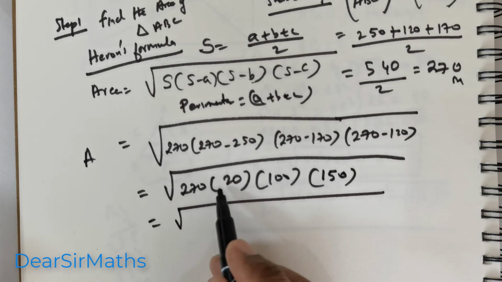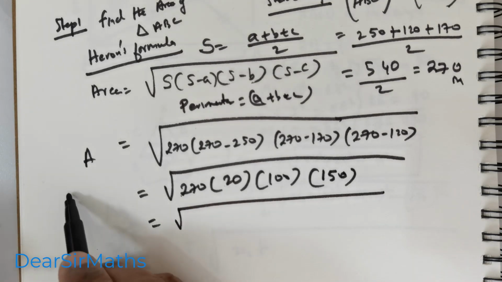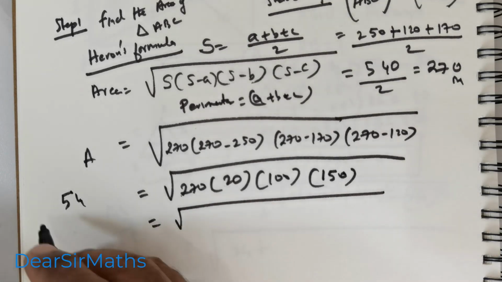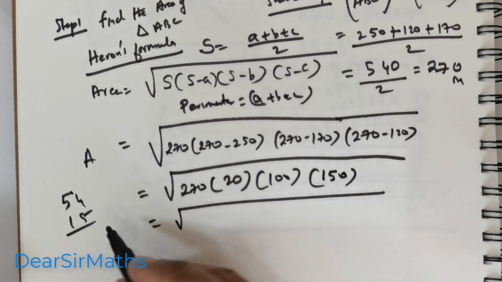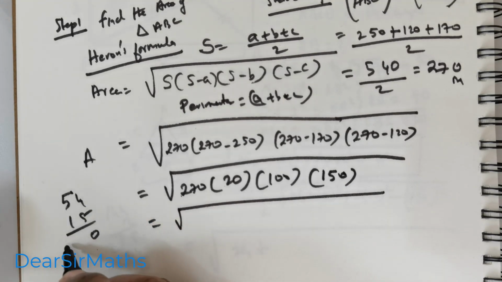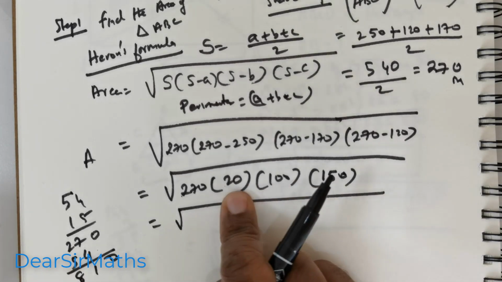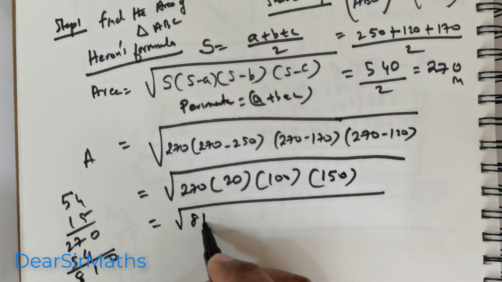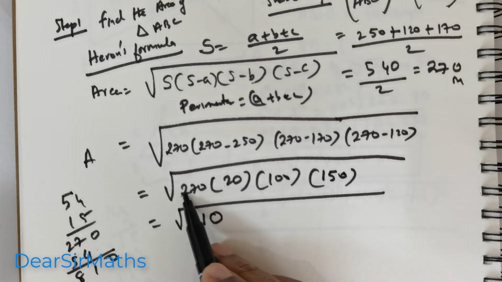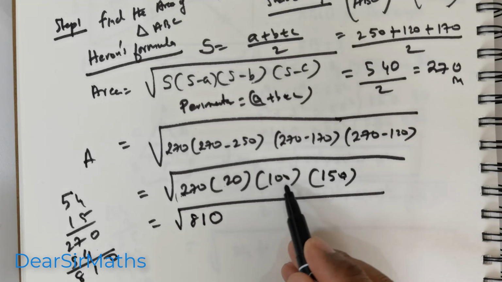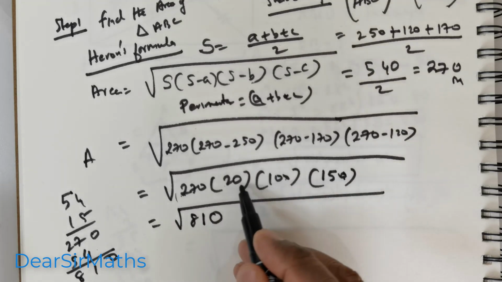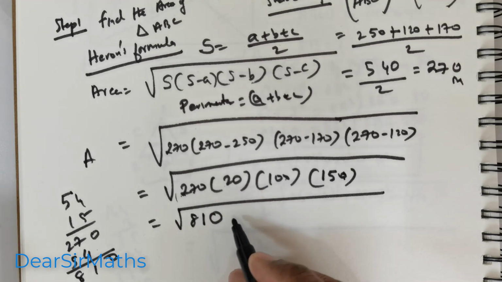This is equal to root of 27 times 2 is 54, and you got a 15 there. So 54 times 15 is 810. So you got 810 when you multiply the components, but you got a 0 here and 2 zeros here, so 3 zeros, and then 5 zeros in total.